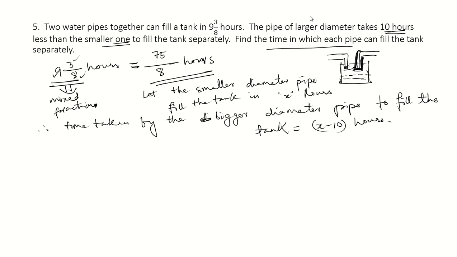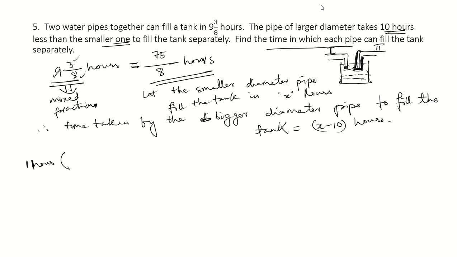Now you see one thing. Now they have given that the 2 water pipes filling together can fill the tank in 75 over 8 hours, right? So in 1 hour, how much portion of the tank can both pipes fill? Let's say this is pipe 1 and this is pipe 2.